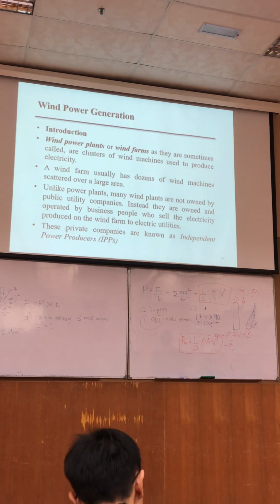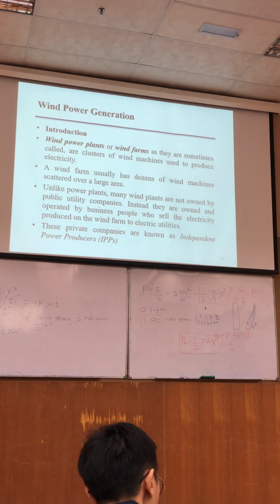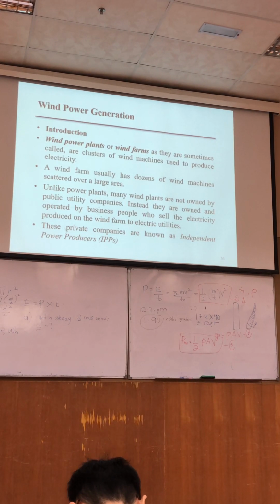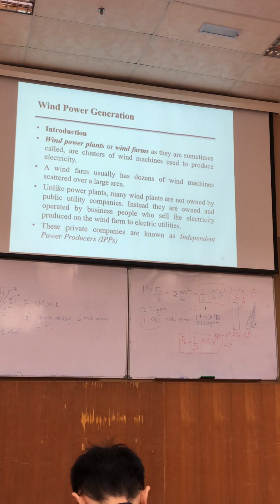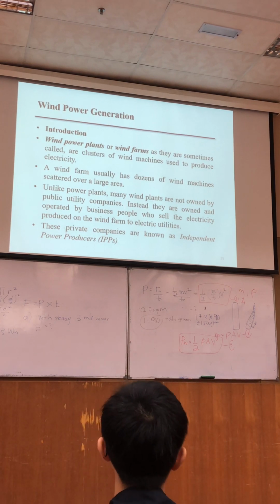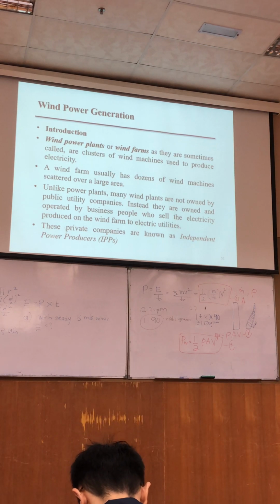How many watt can they make at Pulau Panjang? 100 kilowatt. But that one is hybrid together with the solar. They have 100 kilowatt wind turbine and 100 kilowatt solar.